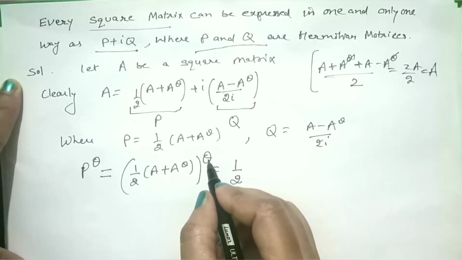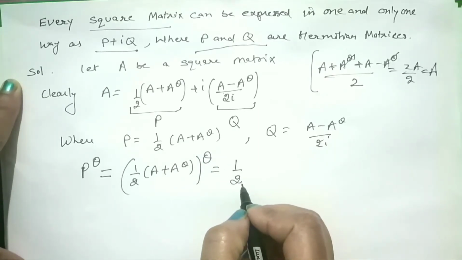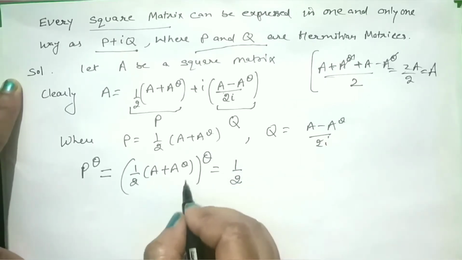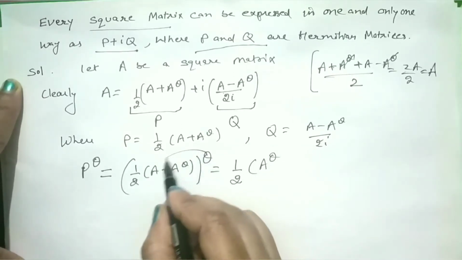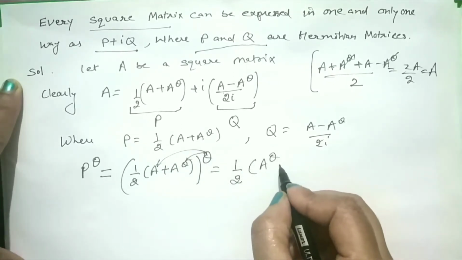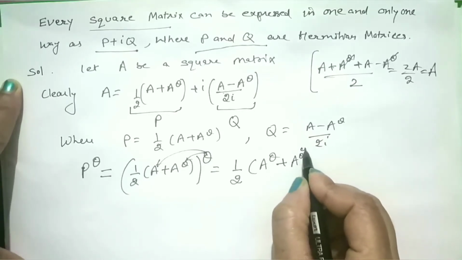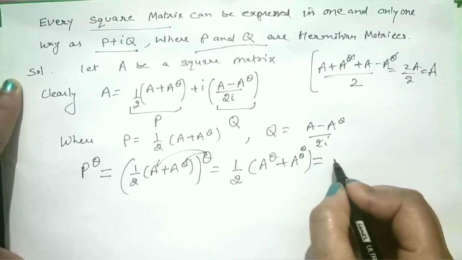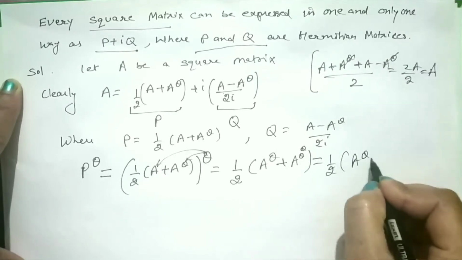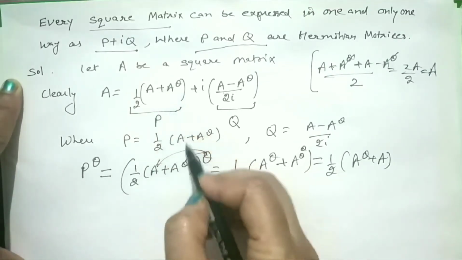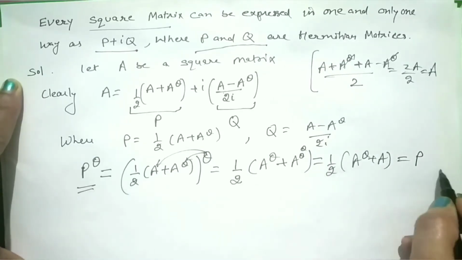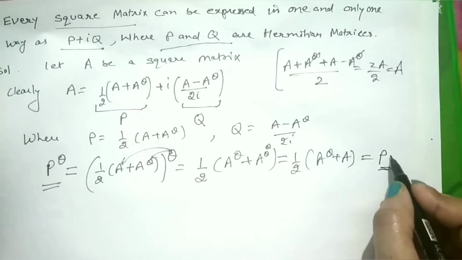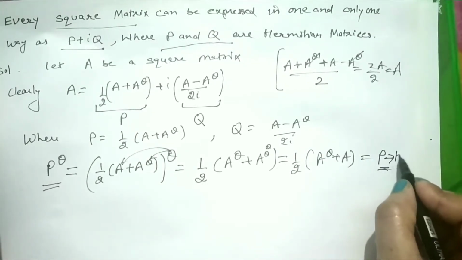The other operation included in theta is conjugate, but this is a real number, so it has the same conjugate. So it will be 1 by 2 out of this. Now theta will go inside on both the terms. So A theta plus A theta theta. Now this is half A theta plus A, which is the value of our P. So P theta is equal to P, which means P is Hermitian.